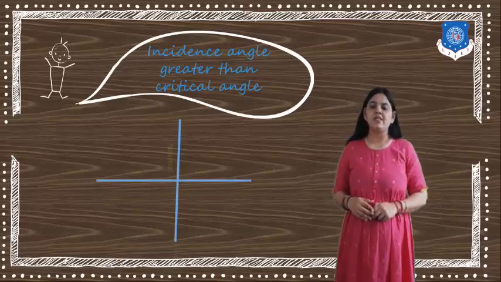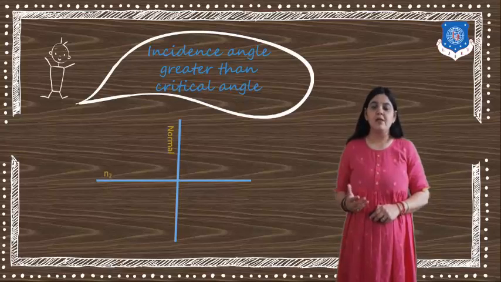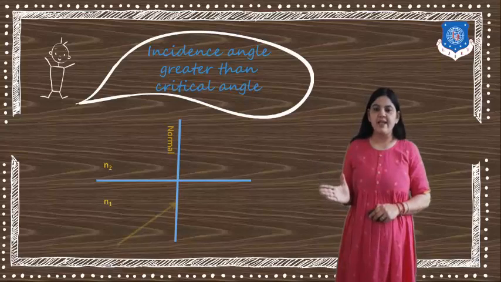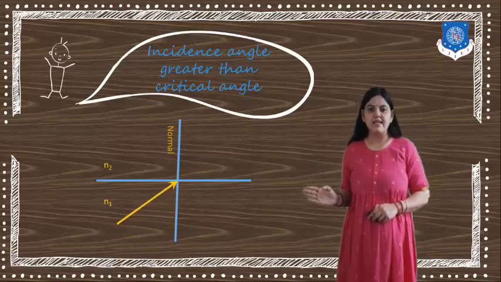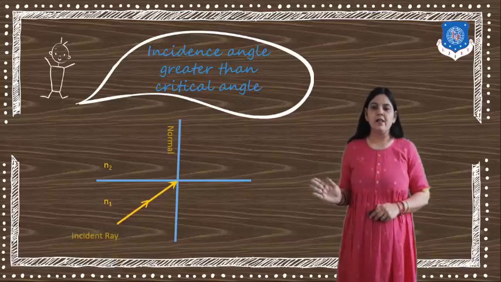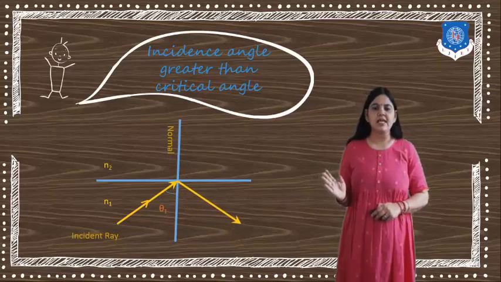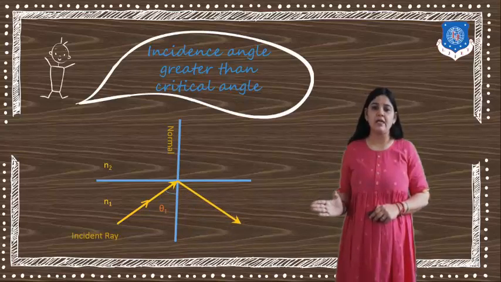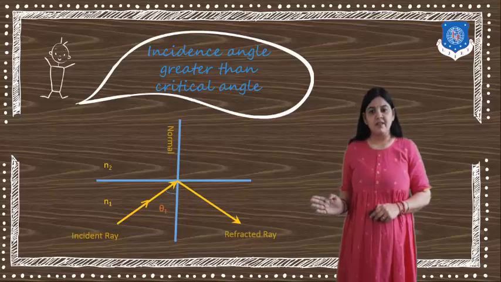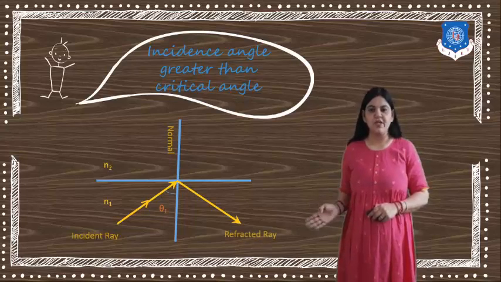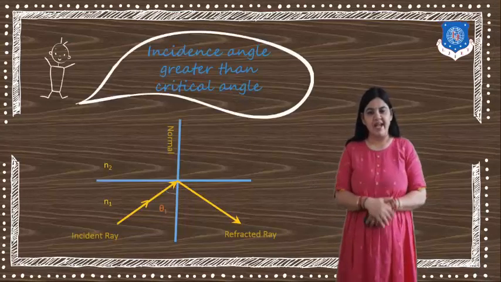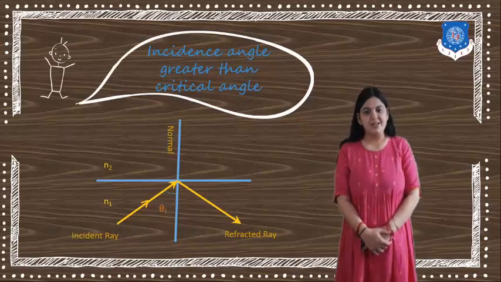Now consider an incidence angle greater than the critical angle. The normal axis, refractive indices N2 and N1, and the incidence angle makes the angle theta 1 with the normal. While the incidence angle is greater than the critical angle, the ray is reflected back into the same medium, making an angle theta 2.